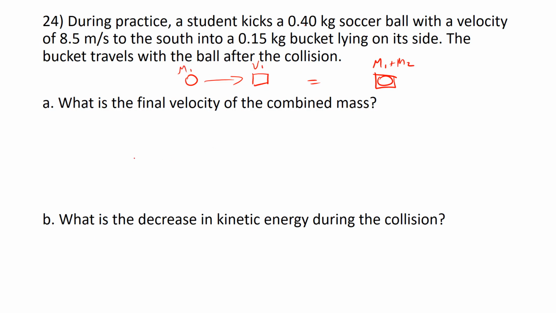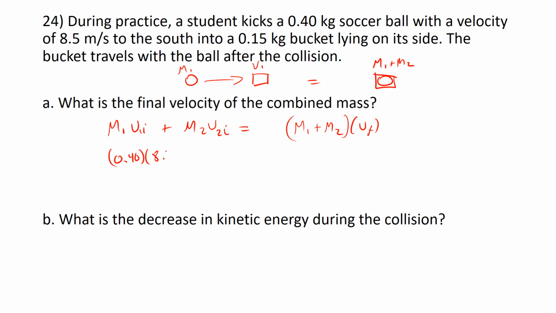And so we're going to have the inelastic equation, m1v1 initial plus m2v2 initial equals, and we're going to have a combination of m1 plus m2, and it's going to travel with a single velocity here. So plug in all our information. You have a 0.4 kilogram soccer ball. There's our soccer ball.